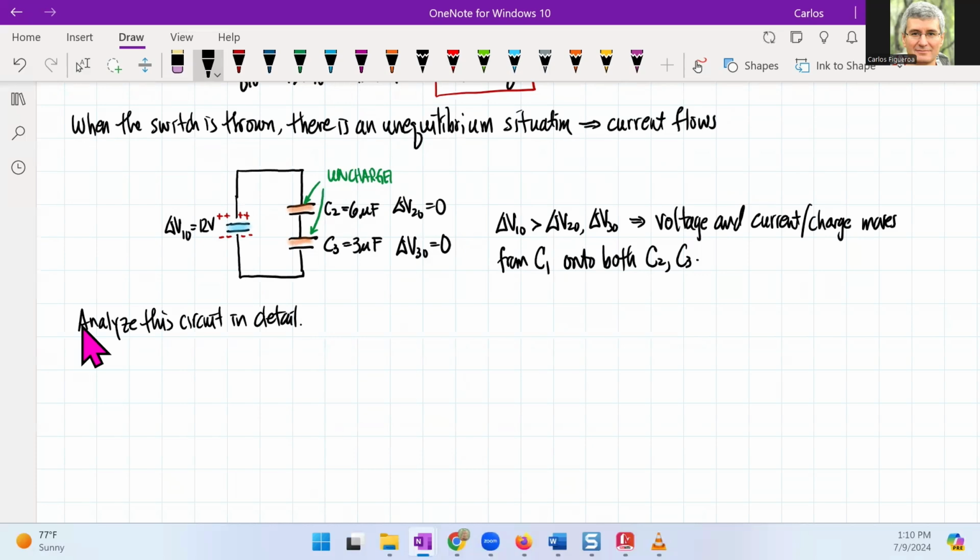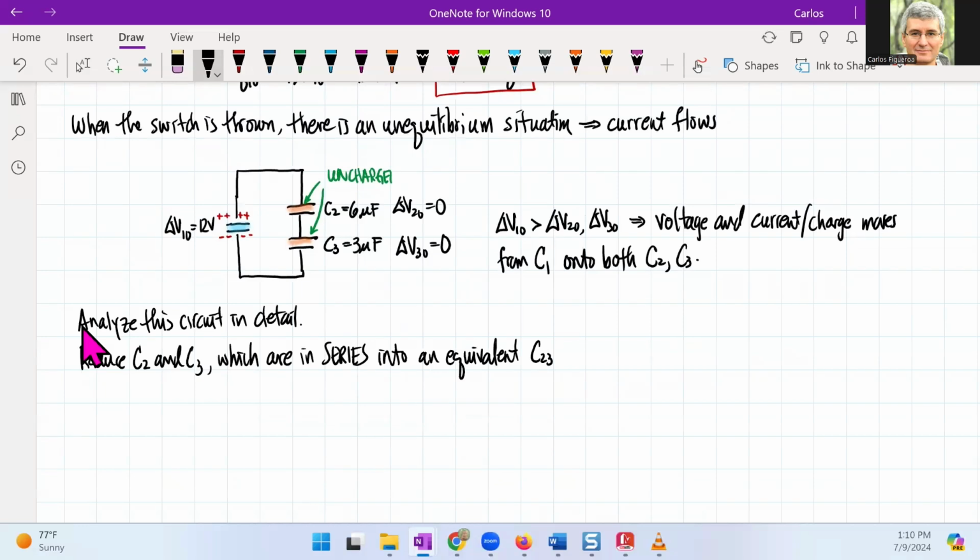So I would reduce C2 and C3, which are in series, into an equivalent C23.